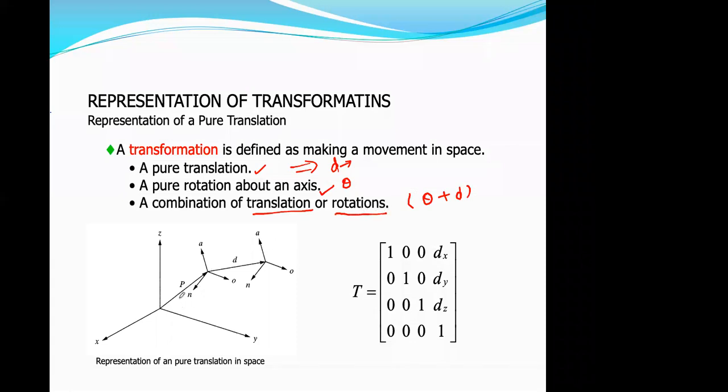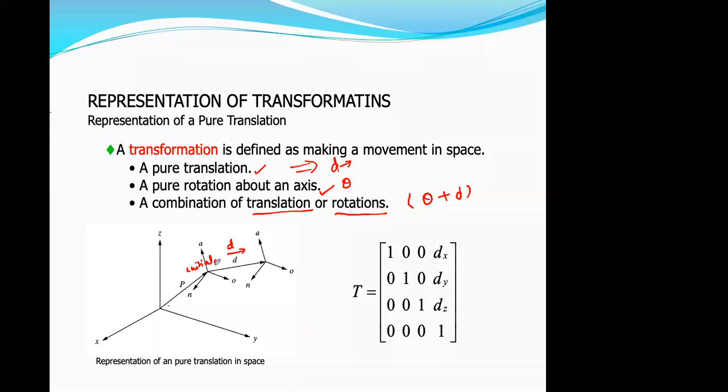So let us see the representation of pure translation in space. So you are having the 3-dimension frame here. This is the initial position at p distance, and it is making a translation of d distance to a new location here.